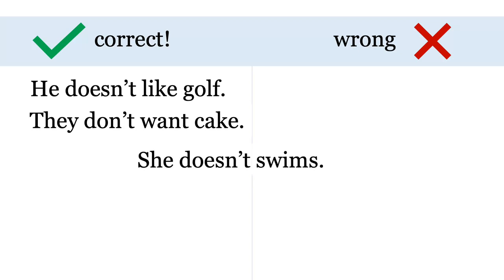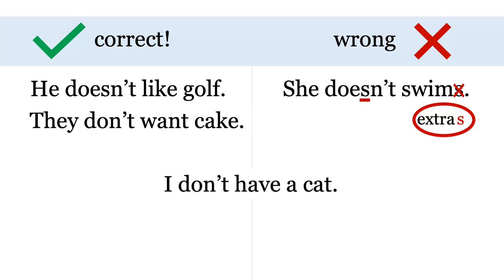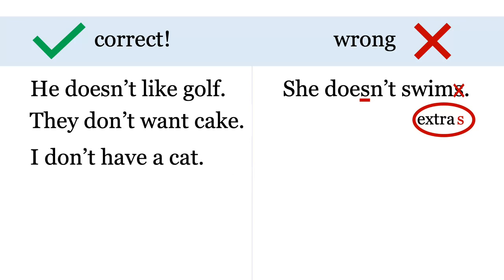She doesn't swims. This is incorrect. Look, we've got the S there, so we have an extra S on swims. She doesn't swim is correct. I don't have a cat. That's correct. I don't have a cat.